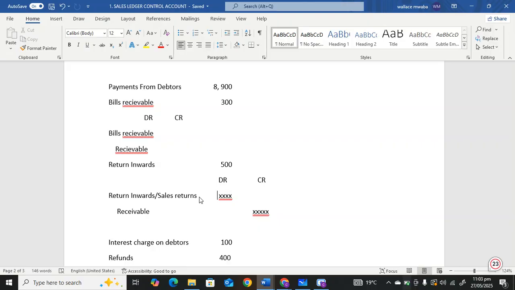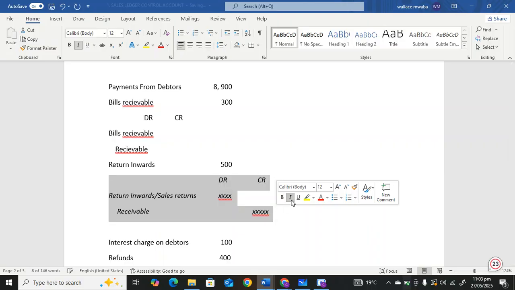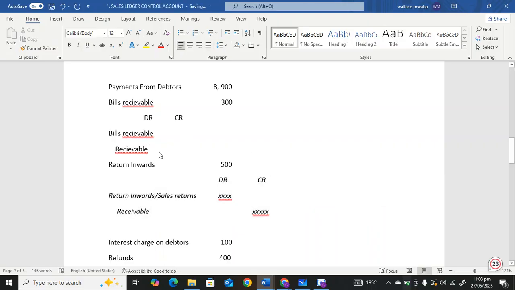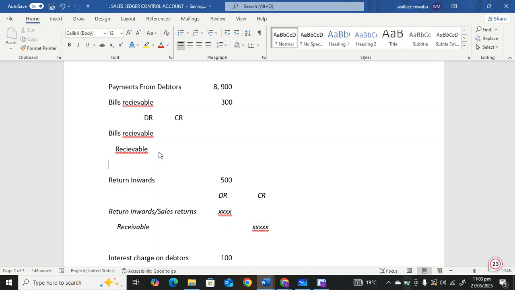You're saying that returns inwards is just for grade eights? Returns. Now, do not worry, I've put it here.